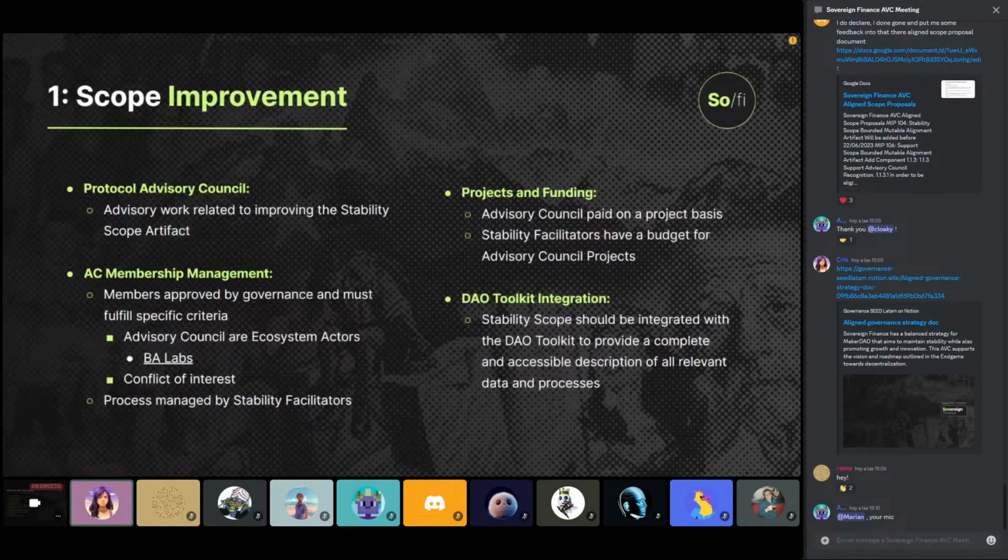When it comes to projects and funding, as mentioned here, the council is paid for projects that improve the scope framework. The stability facilitators request project proposals every 3 months and involve council members to improve this scope.